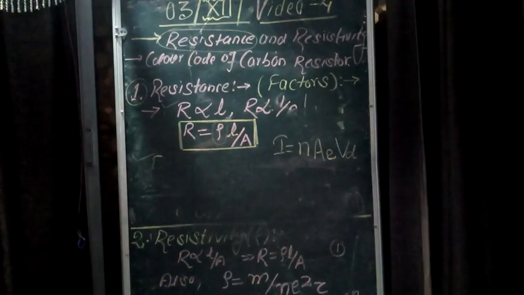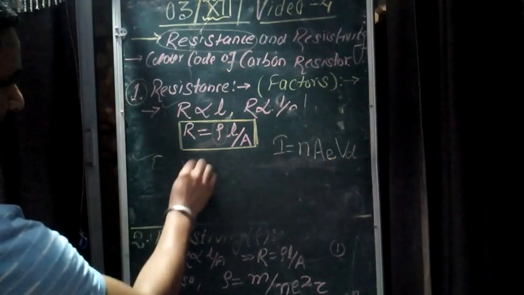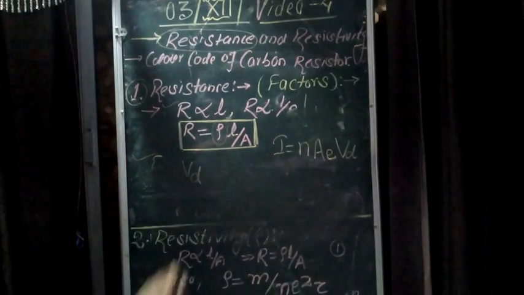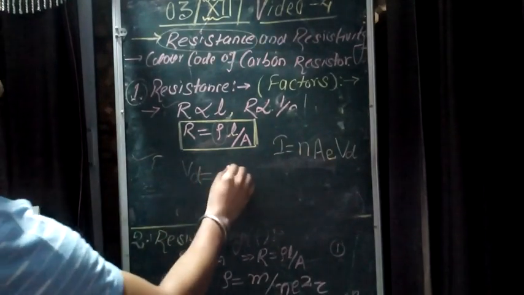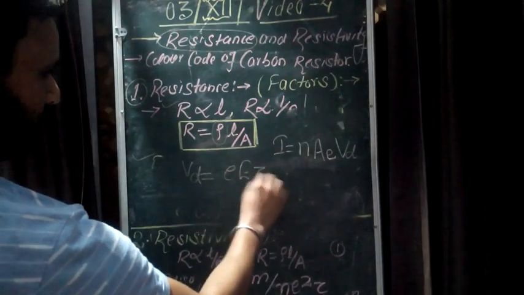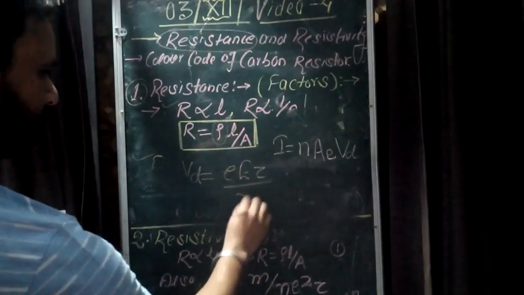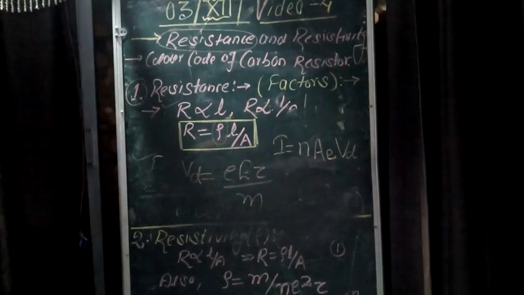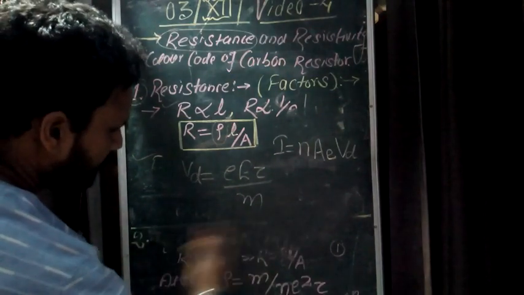Now, we have also taken that Vd is equal to eEτ upon m. We have already discussed this factor.